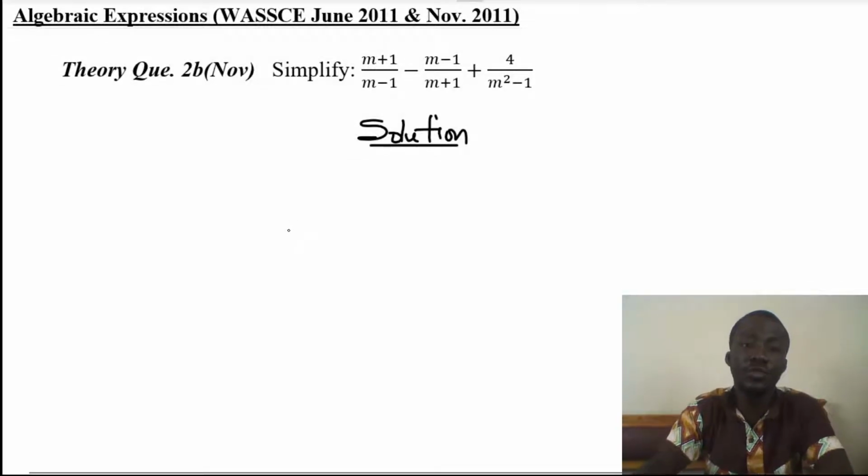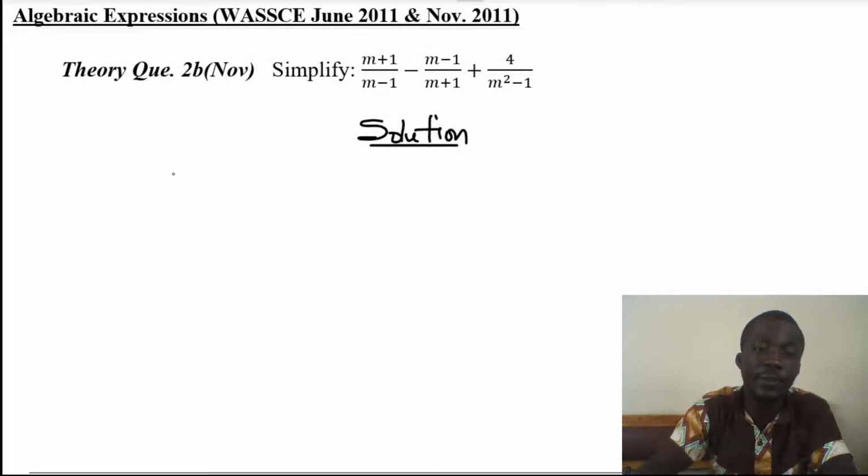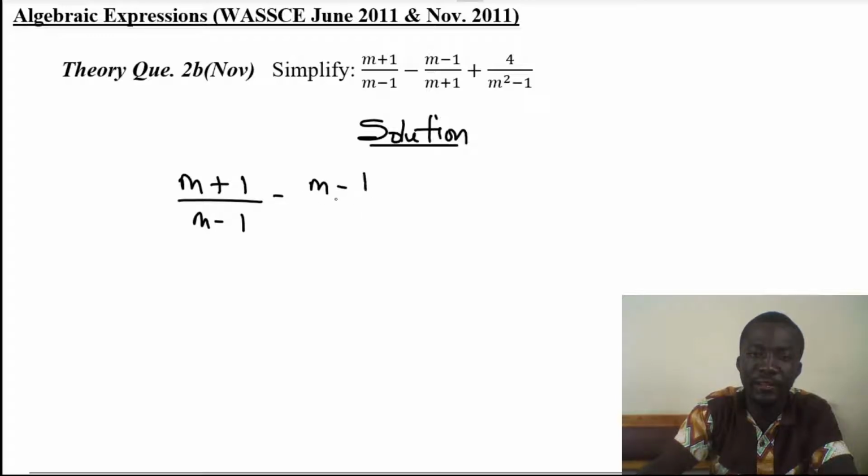Now, theory question 2b, November, we are to simplify m plus 1 divided by m minus 1 minus m minus 1 divided by m plus 1 plus 4 divided by m squared minus 1.